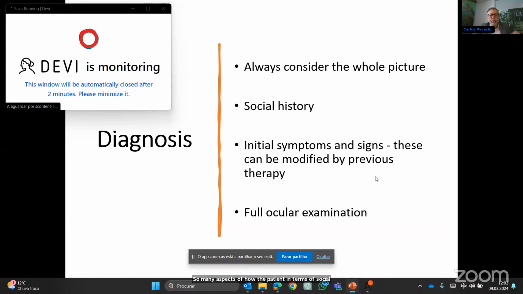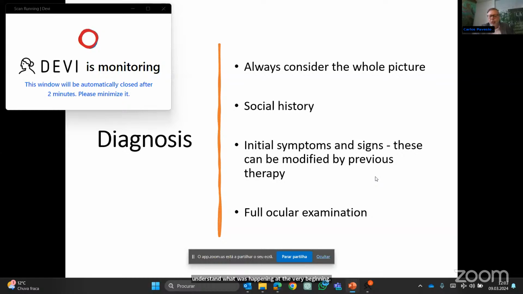But the one thing I always stress is to understand the signs and symptoms at a very early presentation, because these are the manifestations before the disease is modified by any intervention. Many times the patient comes to you already on treatment that modifies the behavior, and you want to understand what was happening at the very beginning, because that's very valuable information.